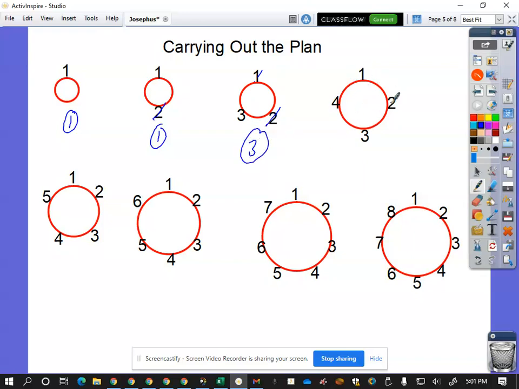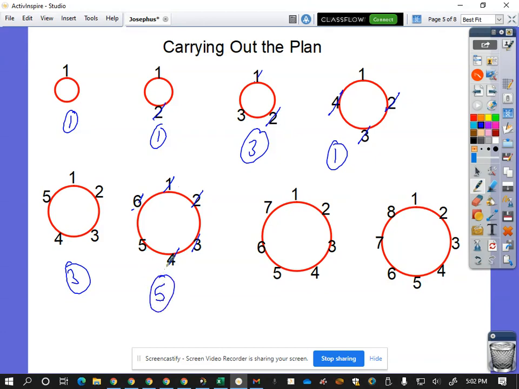With 4 people, 1 eliminates 2, 3 eliminates 4, and then 1 eliminates 3, and so 1 is the winning position. 5 people we just did on the previous slide, and that was 3.